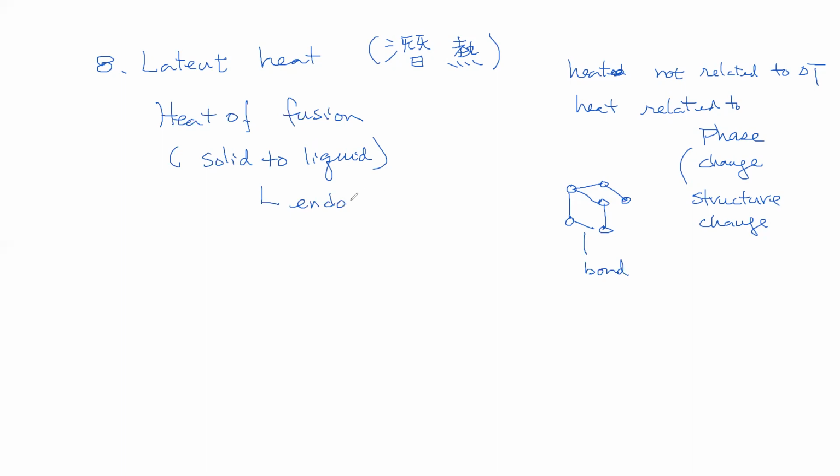Endothermic. 吸热的. In Chinese, endothermic means 吸热的, means you need to add heat into it. 吸 means you suck, okay? You suck the heat. So you need to add heat for this to happen from solid to liquid. So that's one. And the other one is heat of vaporization.